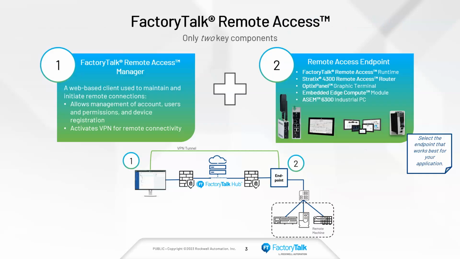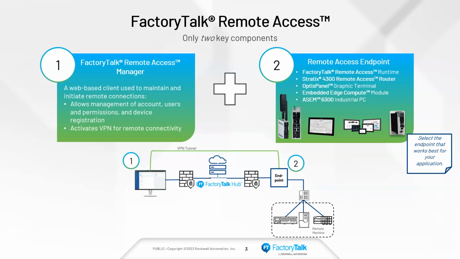So for remote access, there are two main components that you will need. One is FactoryTalk Remote Access Manager. This is the piece that is inside of FactoryTalk Hub. This will give you the ability to make your remote connections to your devices. Second is the remote access endpoint. This is the device or the endpoint to which you're going to remotely connect.